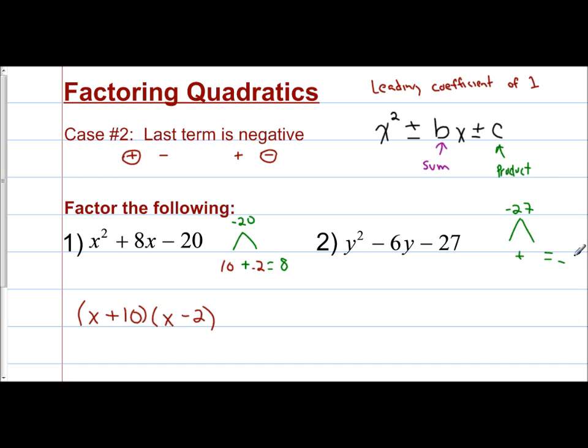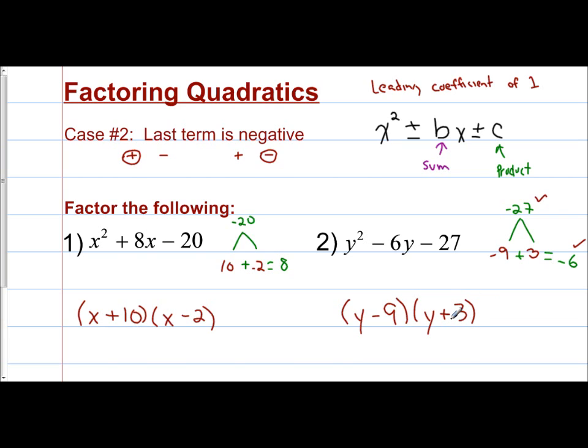So what numbers multiply to give me -27, but add to give me -6? Now to think about that, I would see -9 plus 3 is -6, and -9 times 3 is -27. So my factors are y minus 9 and y plus 3.